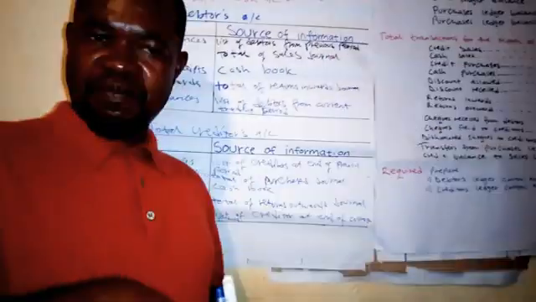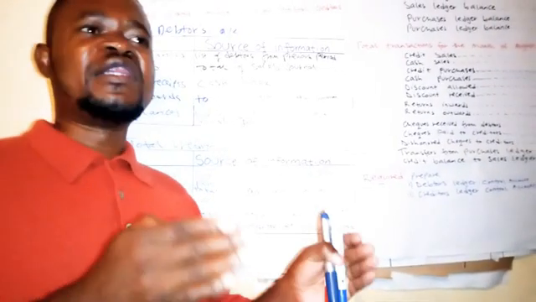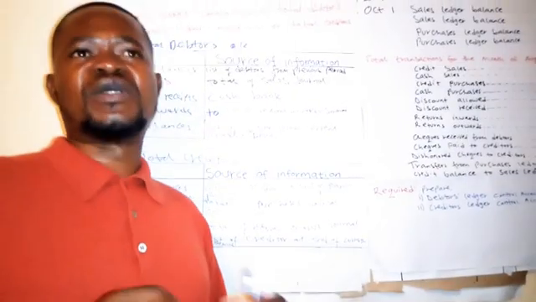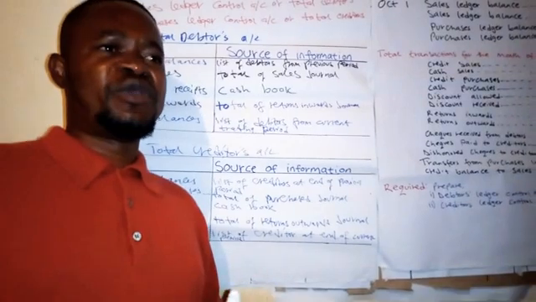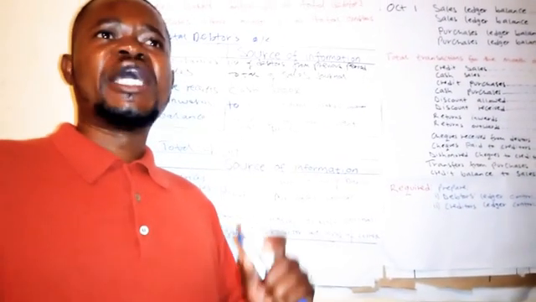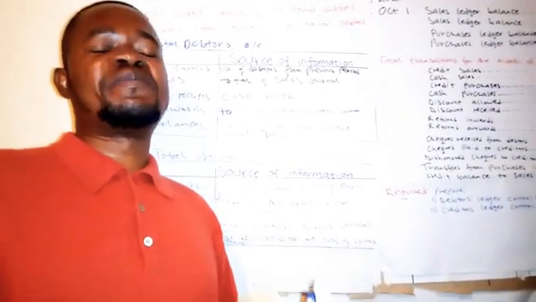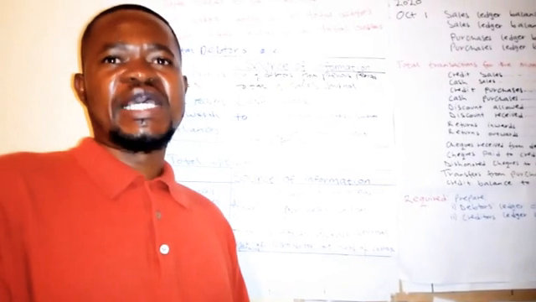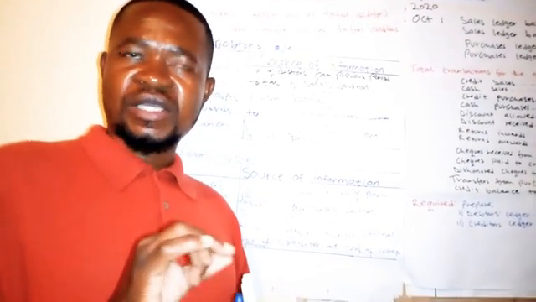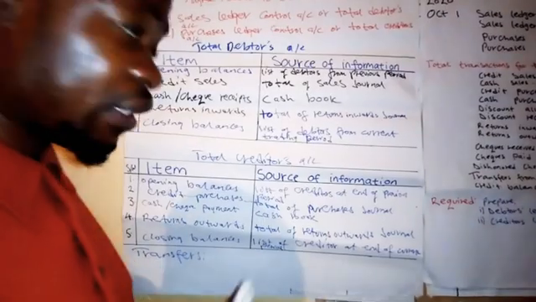Once that happens, this contra settlement has to appear both in the purchases ledger control account and in the sales ledger control account. So the contra settlement should be recorded on the debit side of the purchases ledger control account and on the credit side of the sales ledger control account. That's how you handle the transfers.